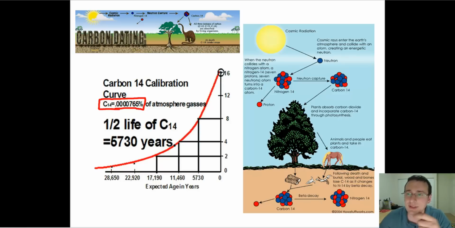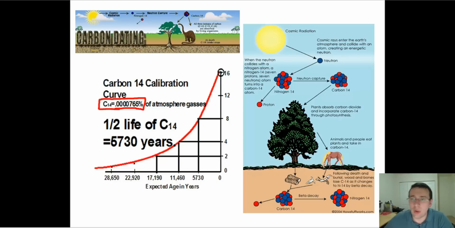Now, since this carbon-14 is constantly being made, the atmosphere will constantly have exactly that amount of carbon-14 in it, and so will the animals, so will the plants, so will everything on Earth that's alive, breathing, and eating plants, or the plants themselves which are doing photosynthesis.